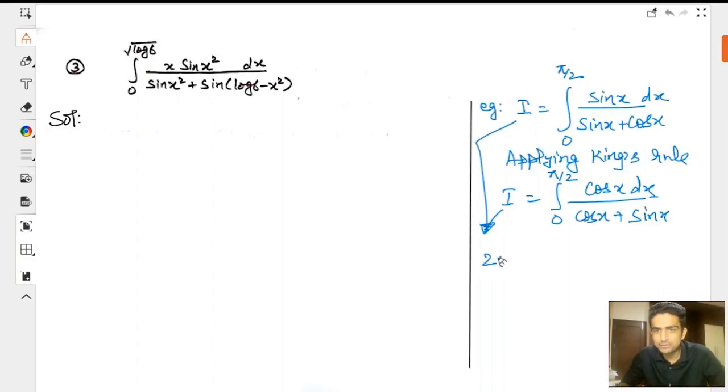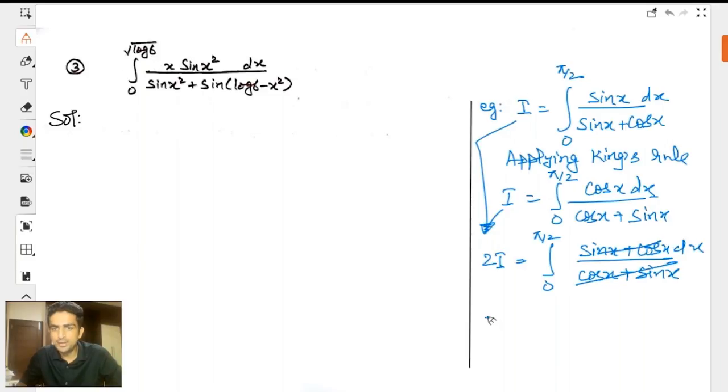Moment you add these two I's, try to see in denominator we have same expression, so that is your LCM, and in numerator it will become sin x plus cos x, which will finally cancel out, and you will get 2I equal to pi by 2 and I equal to pi by 4.